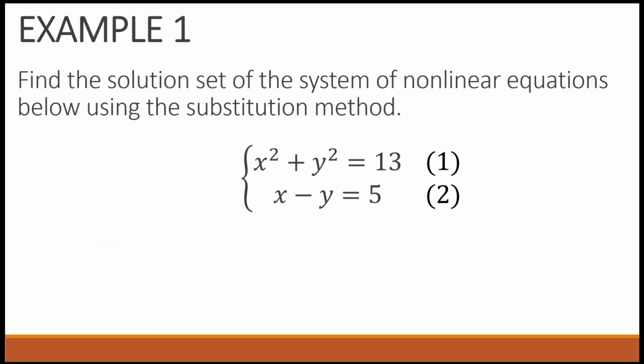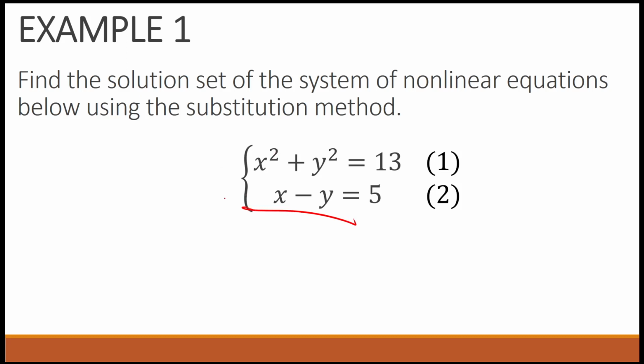Here, you cannot use elimination method because in equation 1, both of the variables have a degree of 2, and for equation 2, both of the variables have a degree of 1. So, hindi mo pwedeng gamitin yung elimination method kasi wala kang makakancel dyan.